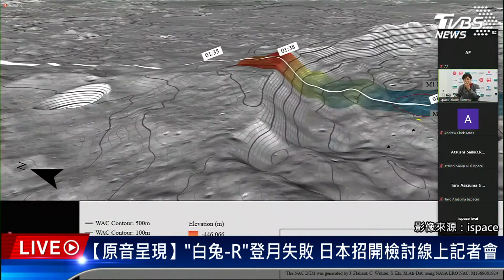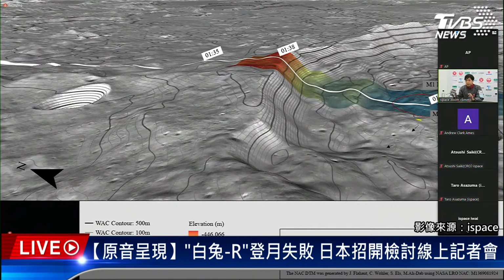Here, this is a 3D map of the trajectory and terrain information. Again, the white line is a projection of our landing trajectory. Here our lander flew over the rim of the crater. At the rim, you can identify a really steep altitude change.